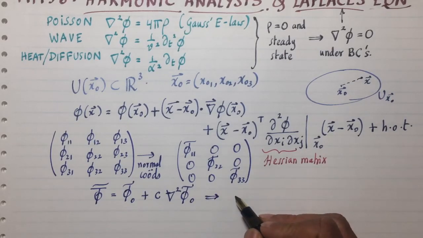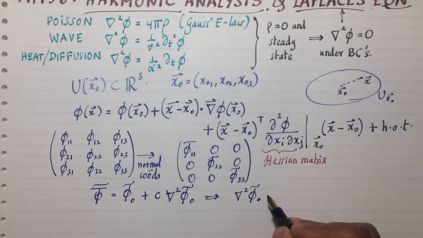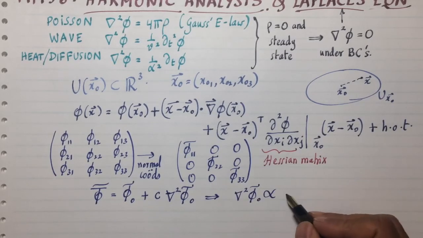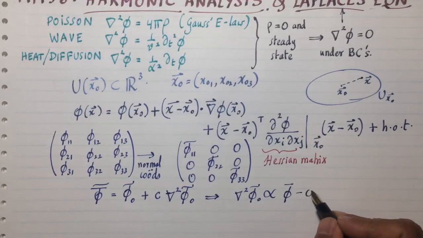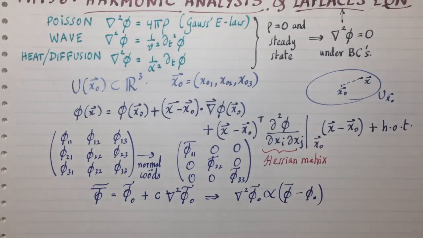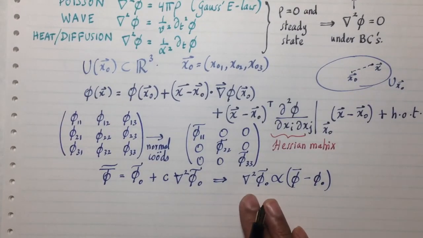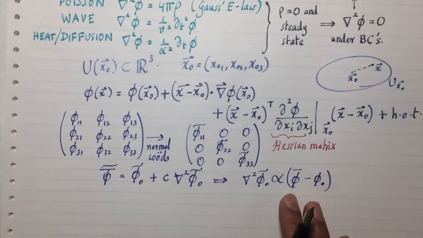So this tells us something very important about the Laplacian. The Laplacian under those normal coordinates is proportional to the difference of the function minus its average. I'll omit the tildes, assuming we are in normal coordinates. So the Laplacian of a function is the difference between the average value in a neighborhood minus the value at a certain point.